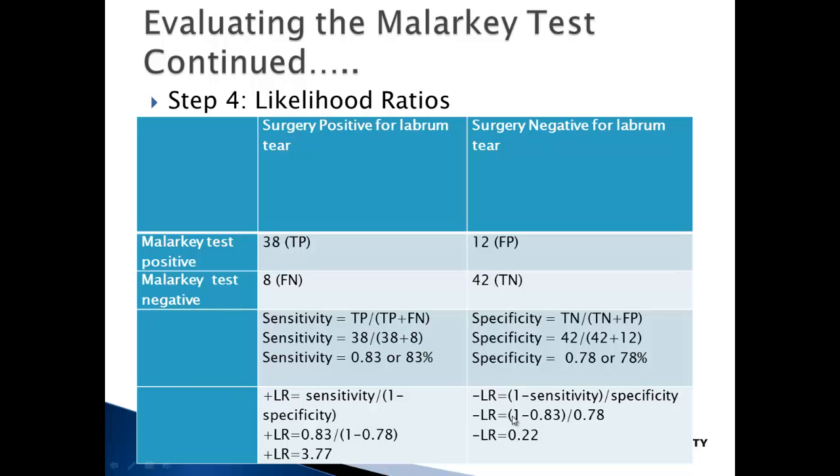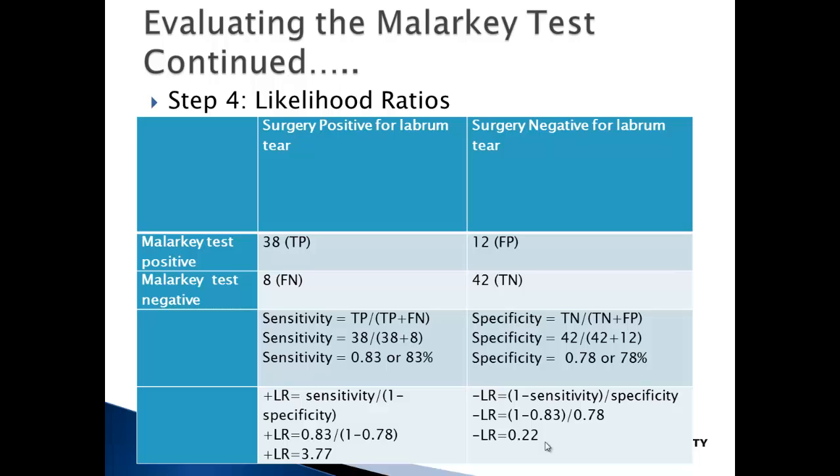Now let's look at the negative likelihood ratio. That formula is 1 minus the sensitivity value divided by the specificity value. And so as we plug those numbers in, we come up with a negative likelihood ratio of 0.22. Now in this case, it's kind of the opposite of what we want to see happen in the positive likelihood ratio.